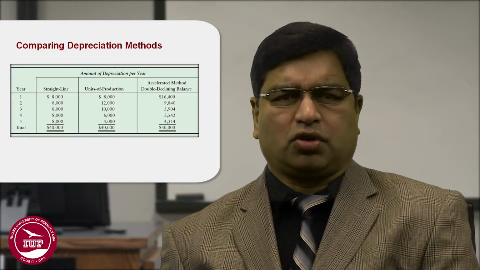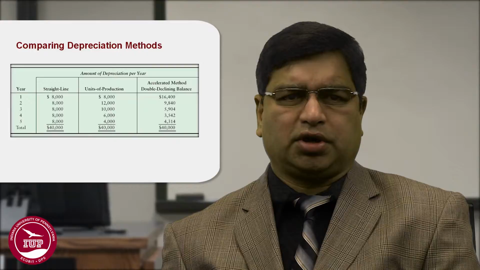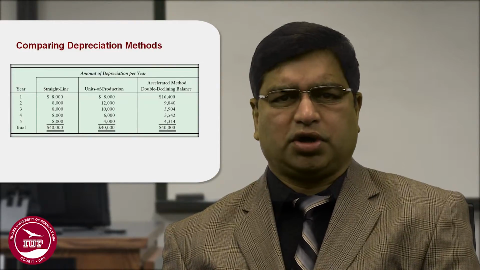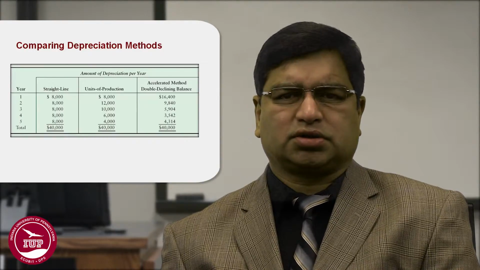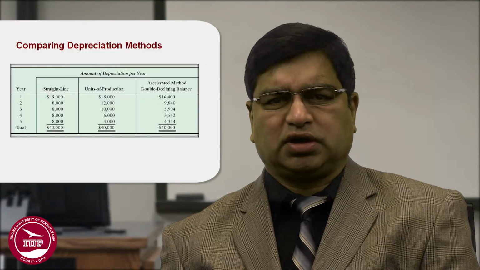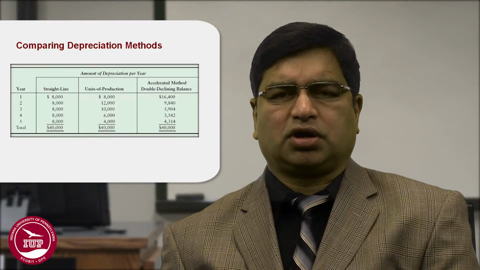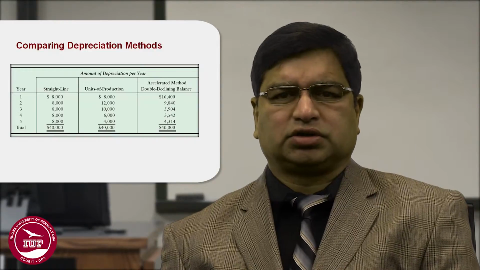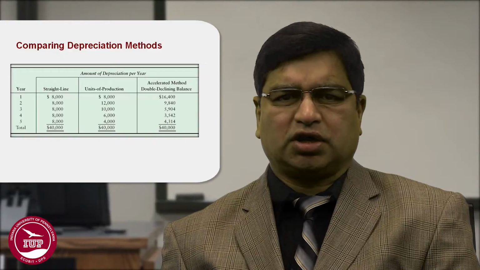So if you put all these three methods together, your straight line is obviously straight over the period, same amount of depreciation over the period, and it comes to 40,000. Units of production is based upon the usage, but over the 5 years, it'll come to 40,000. In the accelerated method or double declining balance method, in the first 2 years, most of the depreciation has been charged.